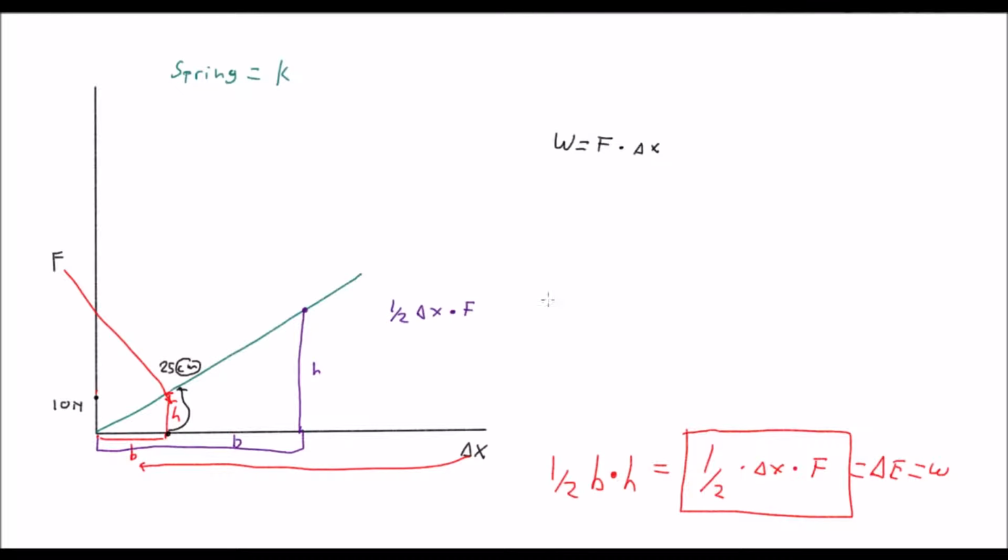So that unit can't work, so we have to convert that. 25 centimeters can't be used, so we have to turn centimeters into meters. To do that, we just simply divide by 100, and we get 0.25 meters. Okay, so now I can use that.